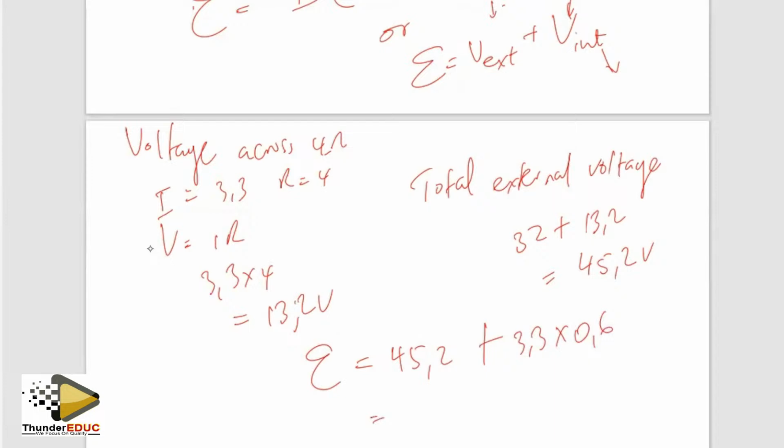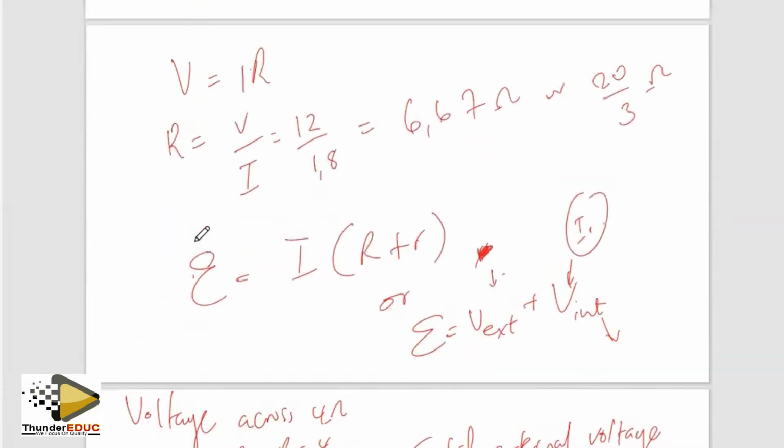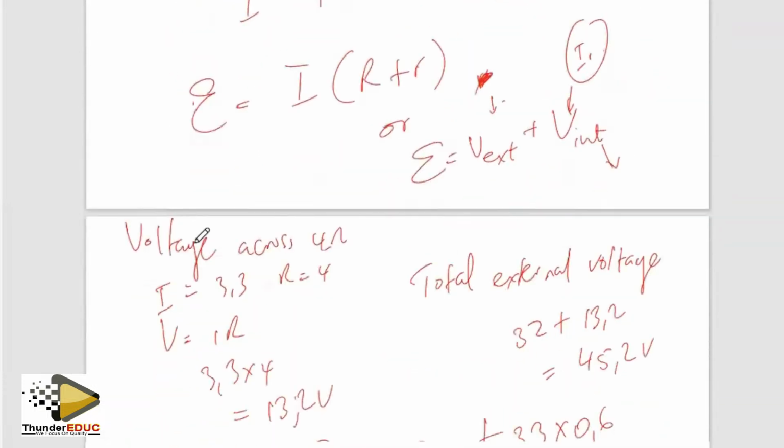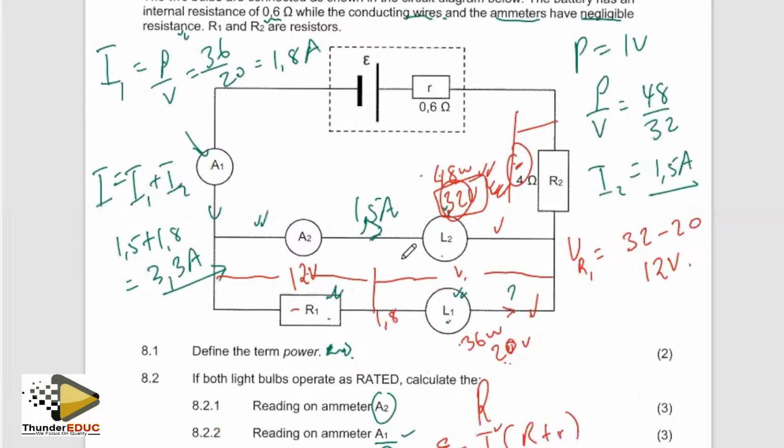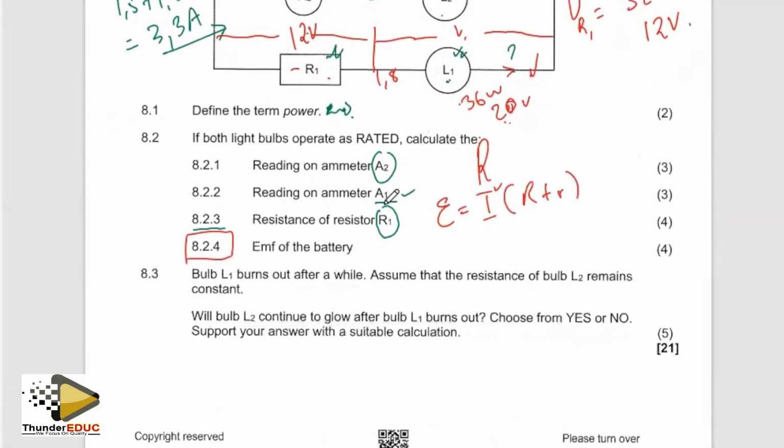So 3.3 times 0.6, I end up with 47.18 volts. Guys, I don't know, but that's what I'm getting. You could have obtained something different. Feel free to share with us how you approached your question in this case.